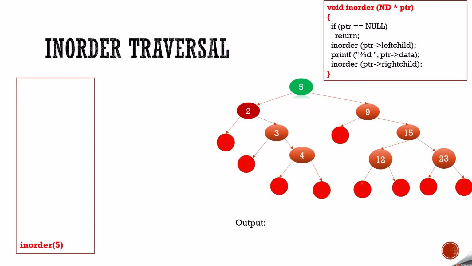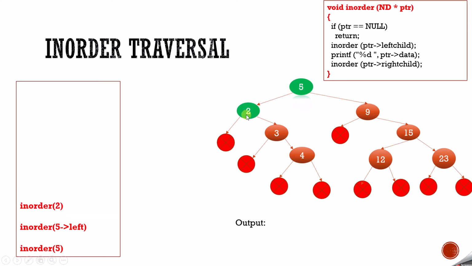Then once it goes inside with the 5 value, this is not null, so it will not execute return. Then as per my program, it will call the function in-order recursively by passing the address of the left child, which here is 2. So I am now passing 2.